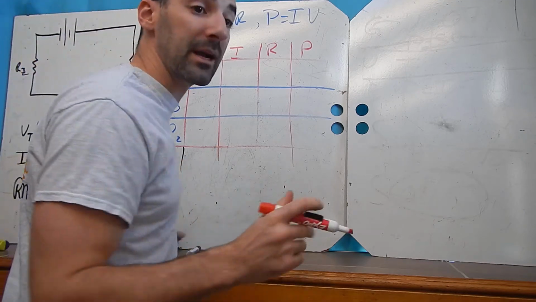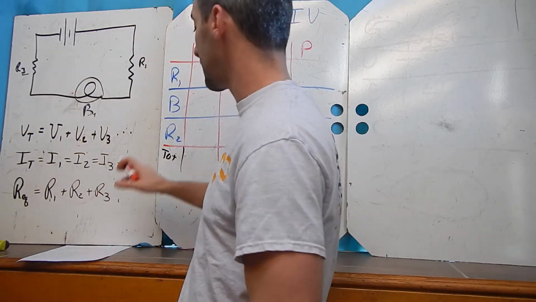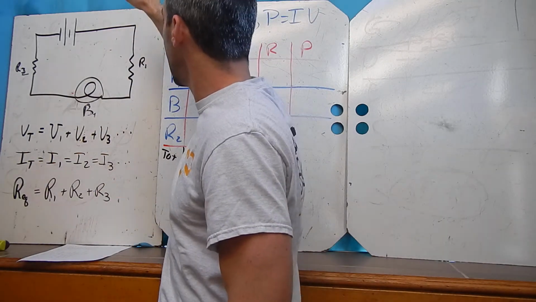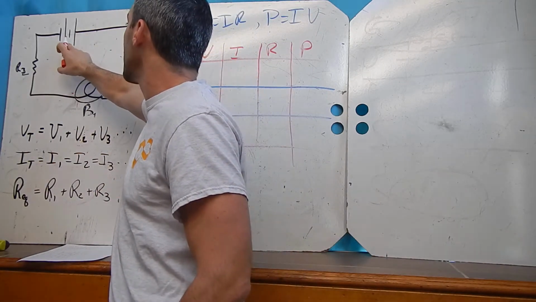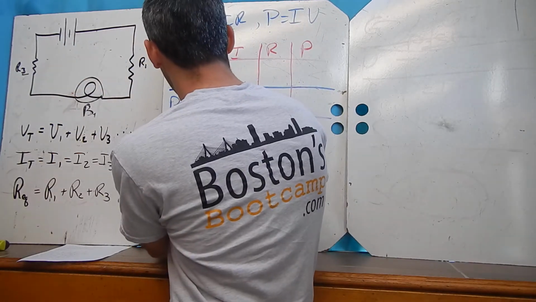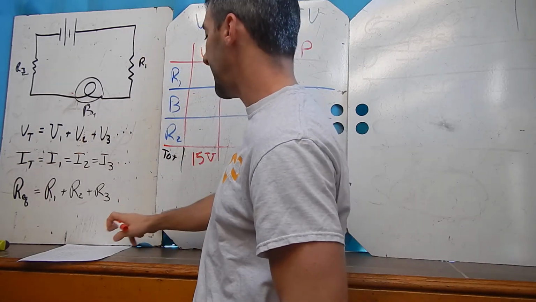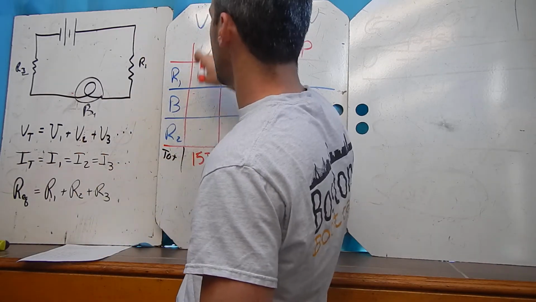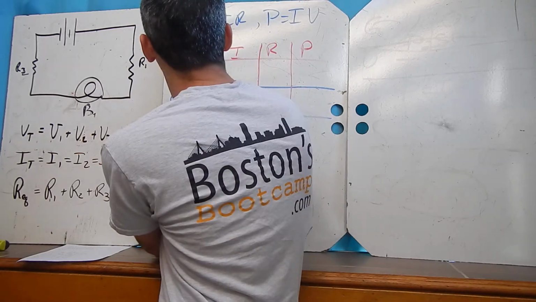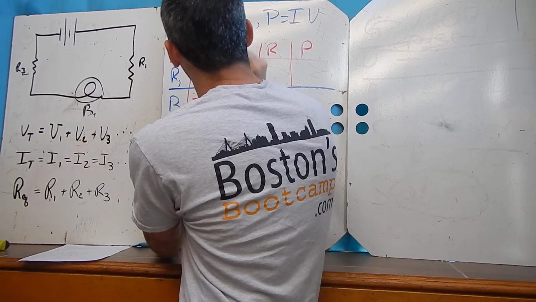And now I'm going to put in the things that I just said in my question. I said that I have a 15-volt power supply. So I go to my V total: 15 volts. I know that. I then said I have a potential difference going through the bulb of 5.53 volts.